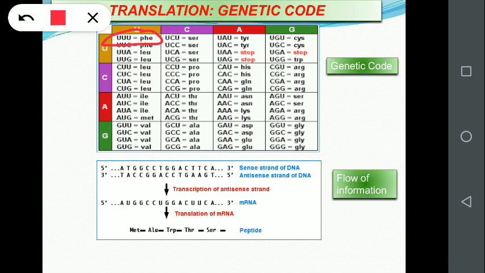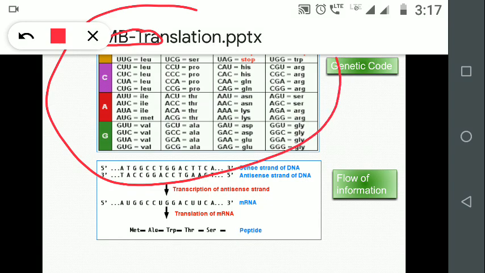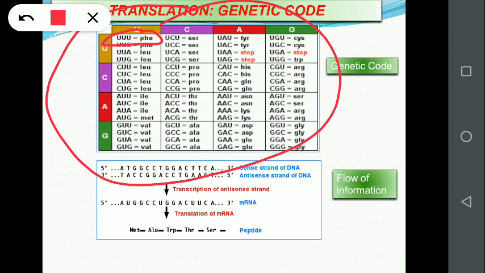So this is what the genetic code. So genetic code is simply this table. This table explains which codon codes which amino acid. So that is the relationship between the specific codon and its corresponding amino acid. So that is simply the genetic code.